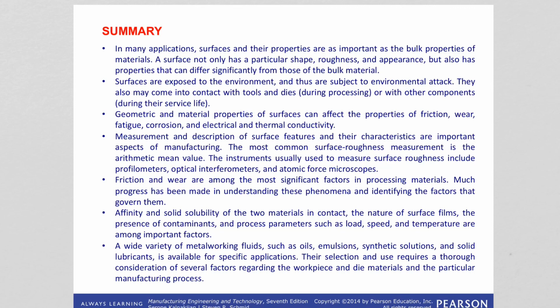How do we measure the surface features? We have learned about that. And we learned what type of instruments are being used to measure the surface characteristics. And friction and wear are among the most significant factors in processing materials. And we tried to understand the theories that try to explain these phenomena.